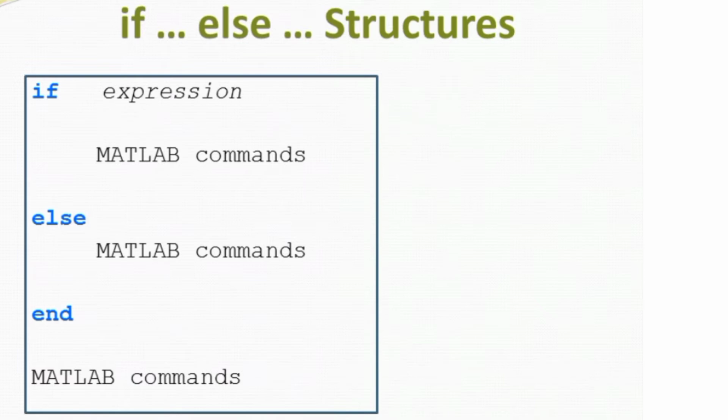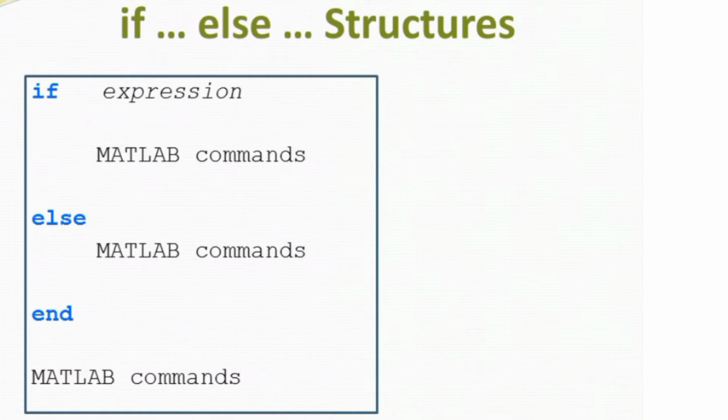So what happens if you wanted to have the option to choose between two different sets of commands, not just execute a set of commands or skip over it? For that, we use the if-else structure. You can see here the basic structure looks pretty similar to what we saw for just the plain if structure, but now we have an additional keyword, else, and an additional set of commands.